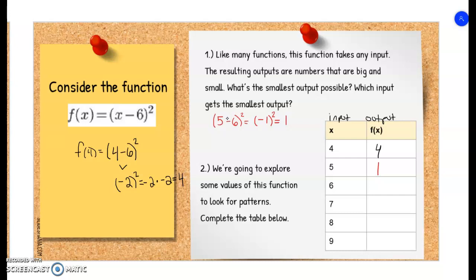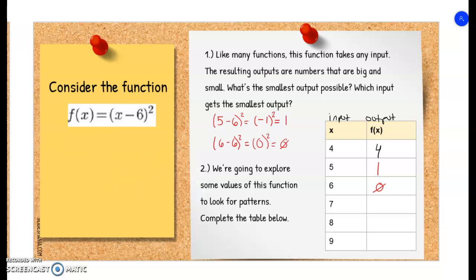Let's try 6. 6 minus 6 squared: 6 minus 6 is 0, and 0 times 0 is just 0. I start seeing that my numbers are getting a little bit smaller. So let's see 7.